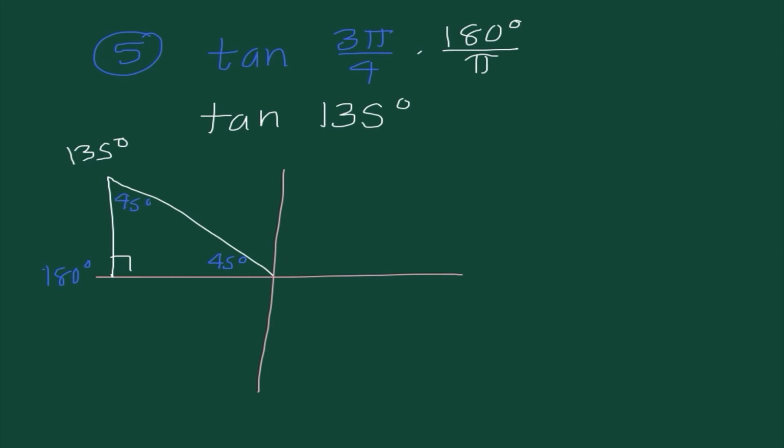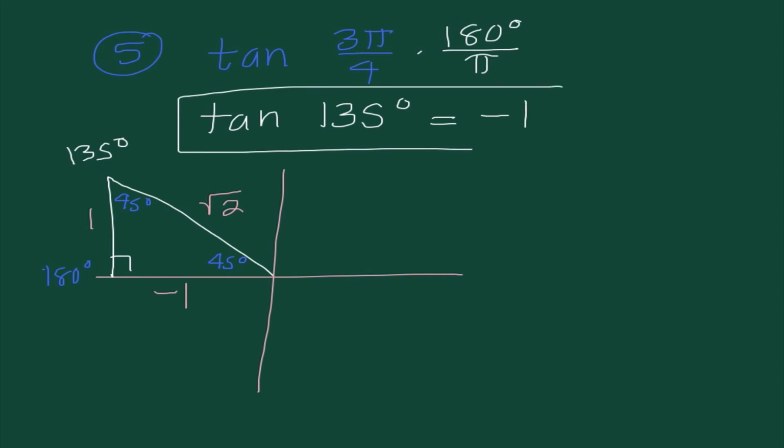So we have another 45, 45, 90 triangle. This time my opposite side is going to be +1 because it's going up. My adjacent side is -1 because it's going to the left, and my hypotenuse is radical 2. So if I'm finding tangent, I know tangent is opposite over adjacent. So tangent of 135 is 1 over -1, or just -1.